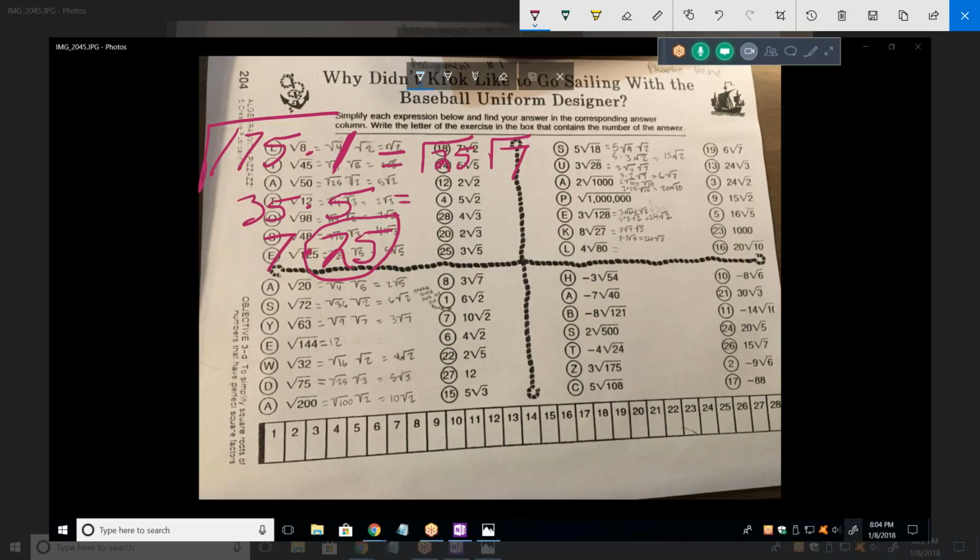What's that turn into? 5 times radical sign 7. Now, what's that turn into? 15 times radical sign 7. Right there, number 26.